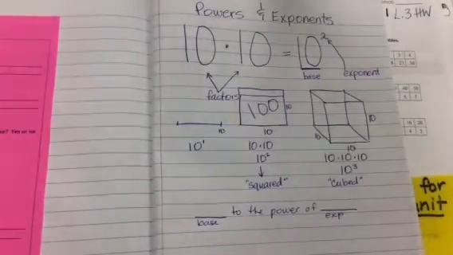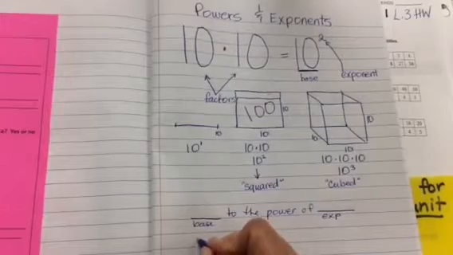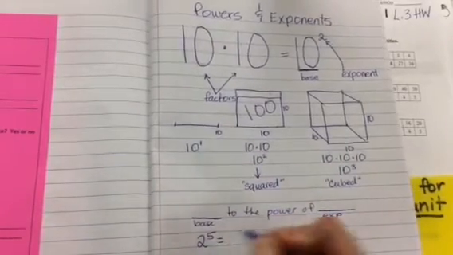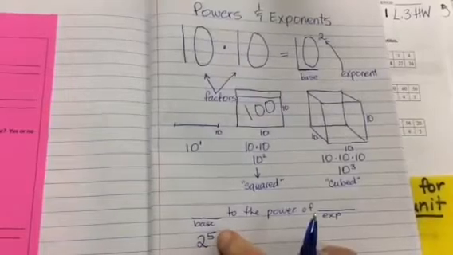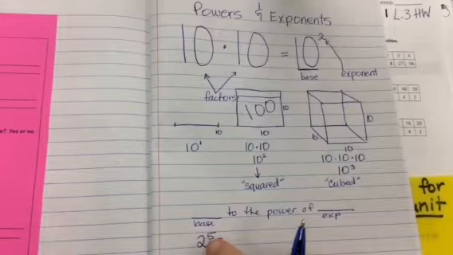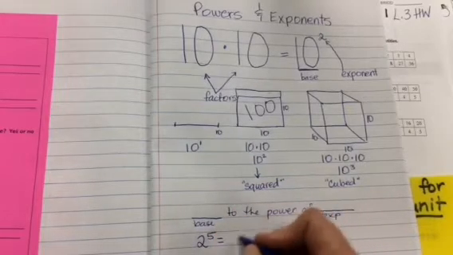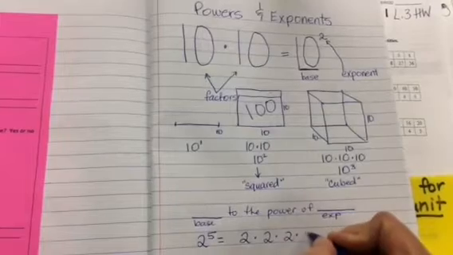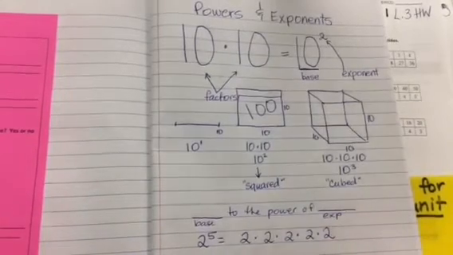Okay, so speaking of 2, if I have 2 to the 5th power, what that means is my 2 is going to be used as a factor 5 times. So I've got to say 2 times itself 5 times.